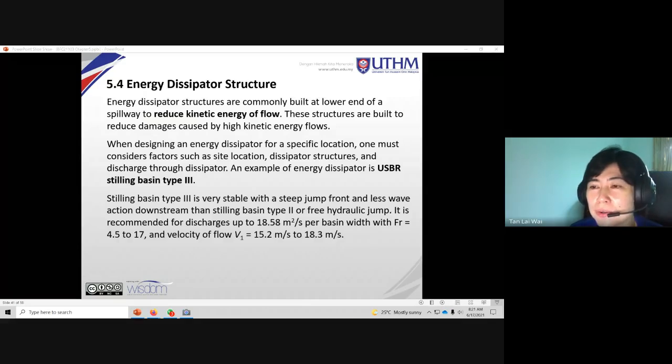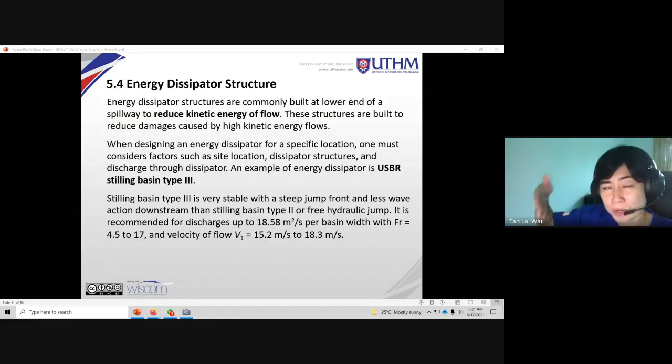So how are we going to reduce this high energy flow? Of course, this high energy flow would erode or scour the toe of the spillway.